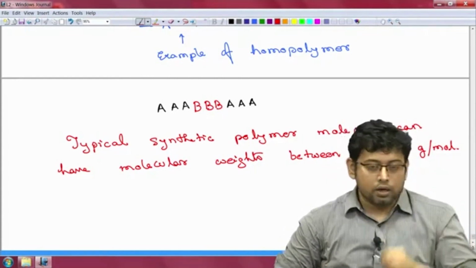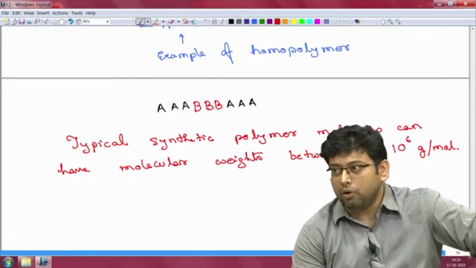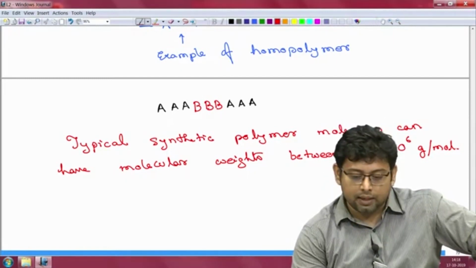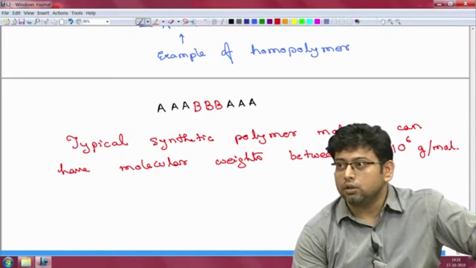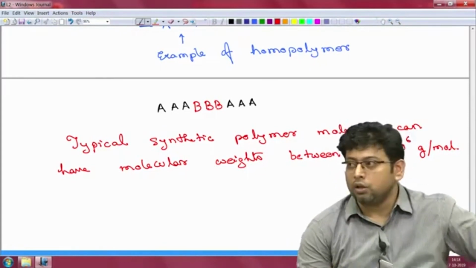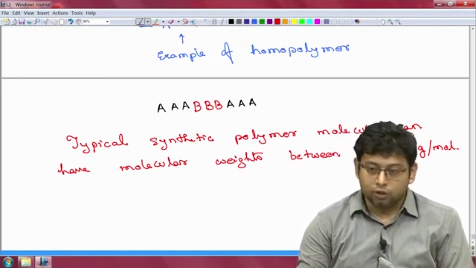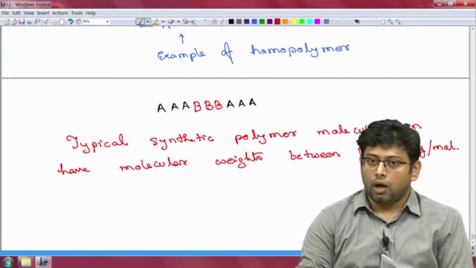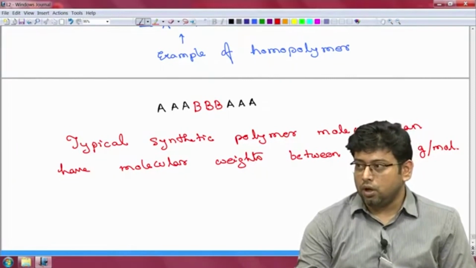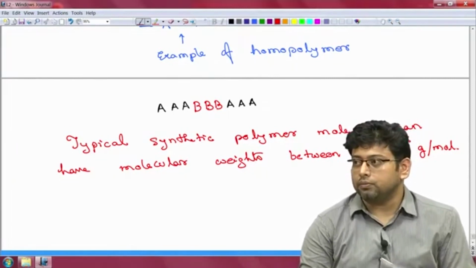Now, when you are making these polymers in an industrial process, it depends on how the polymer is going to be manufactured, you might end up with a set of polymers which are not the same molecular weight.